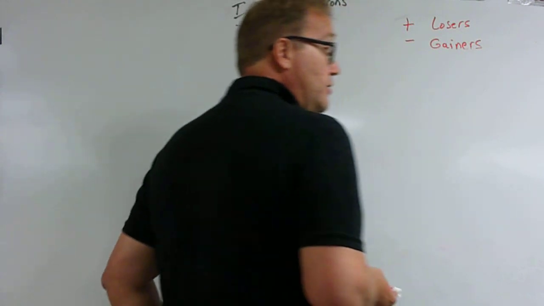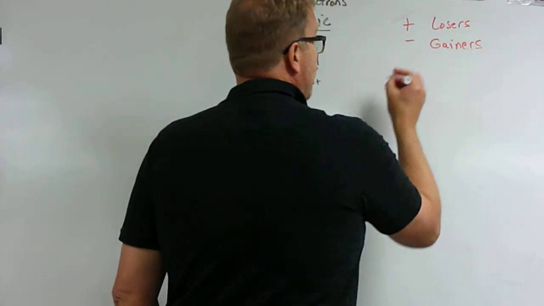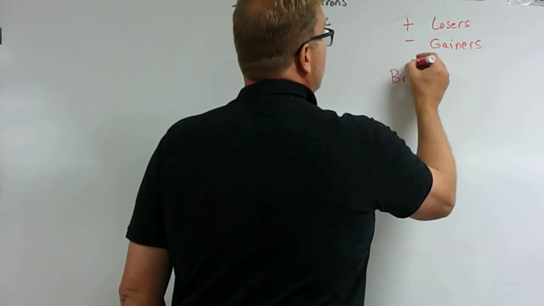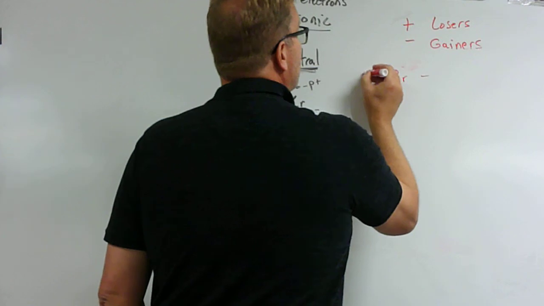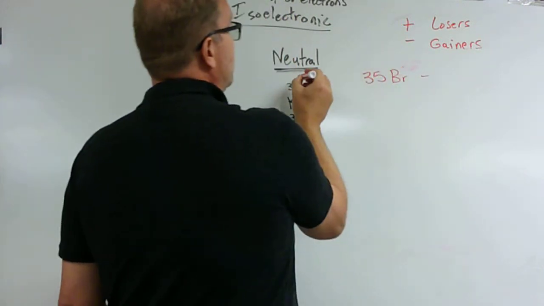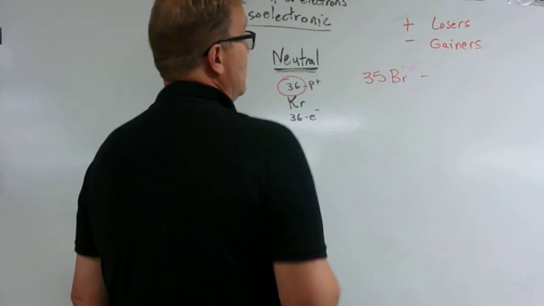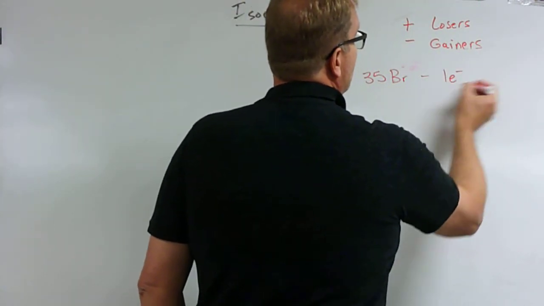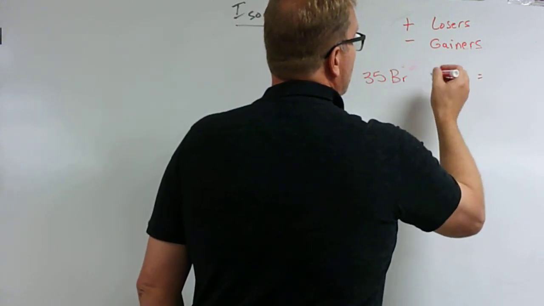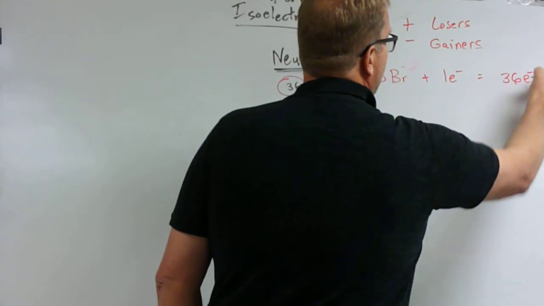It's easy to figure out. We've got the one next to it, which is bromine, element number 35. This is element number 36. What do I have to do with this one? To get to 36, I'm going to gain 1 electron. So that's going to equal 36 electrons.